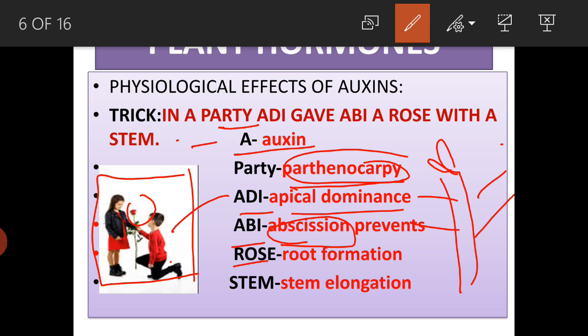And rose denotes root formation. Auxin helps in root formation, and the stem also elongates, and xylem differentiation takes place when auxin is produced in the plant. So to remember the physiological effects of auxin: in a party, Adi gave Abi a rose with a stem.